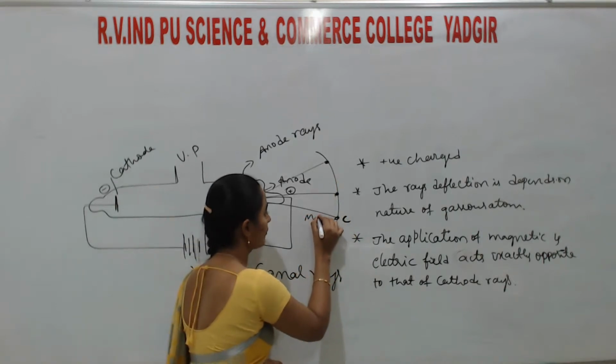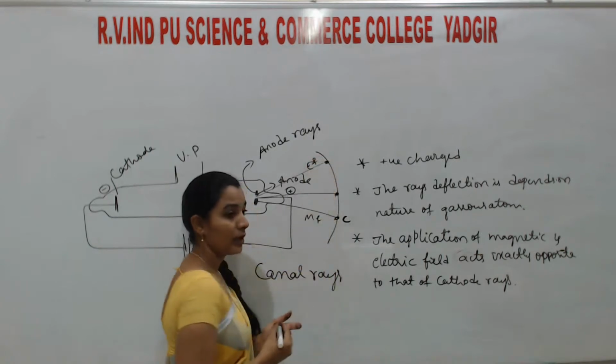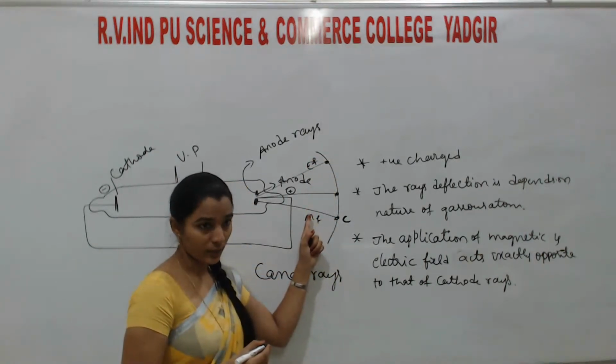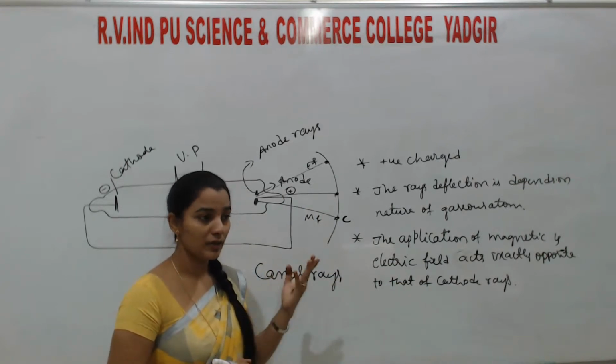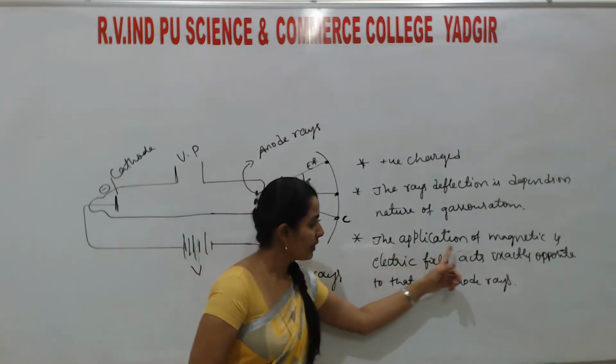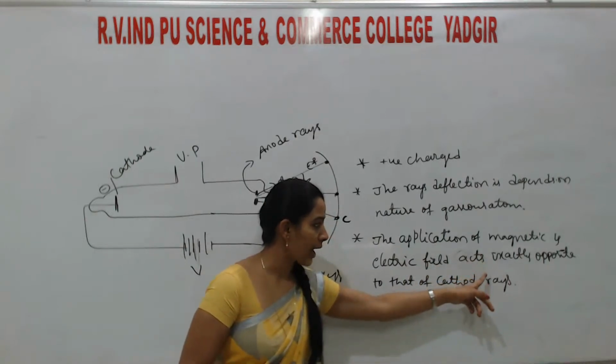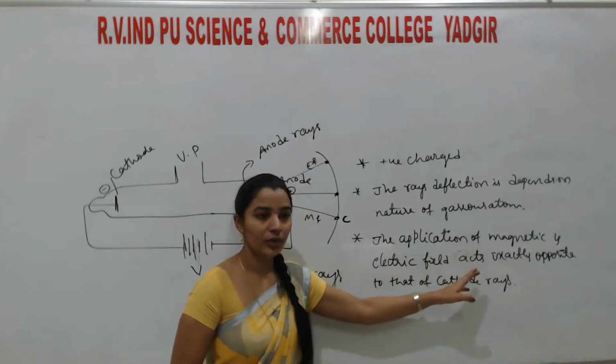This is for the magnetic field, this is for the electric field. This is for the cathode ray experiment. In case of the canal ray experiment, means anode rays experiment, it is reversed. The application of magnetic and electric field acts exactly opposite to that of cathode rays.